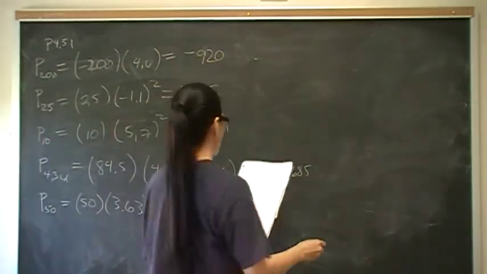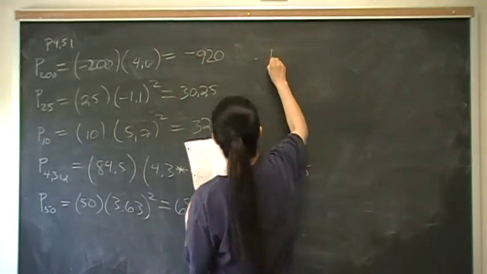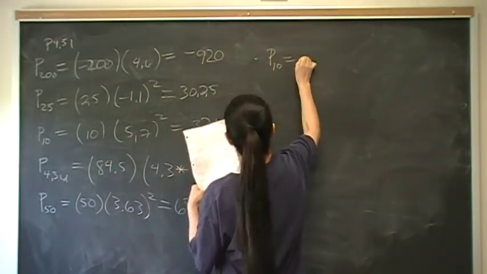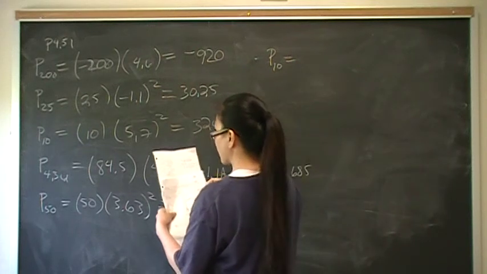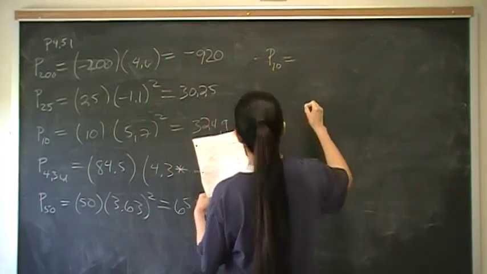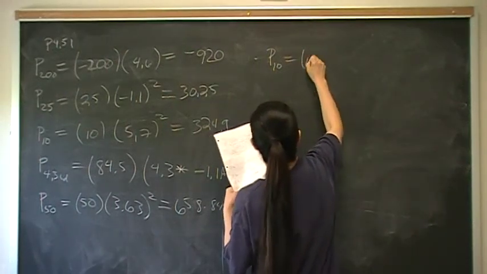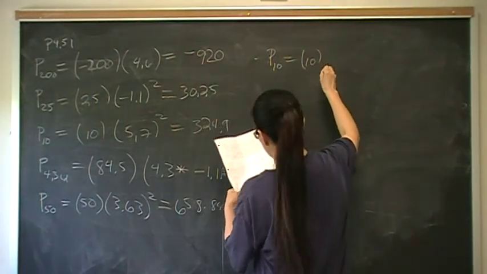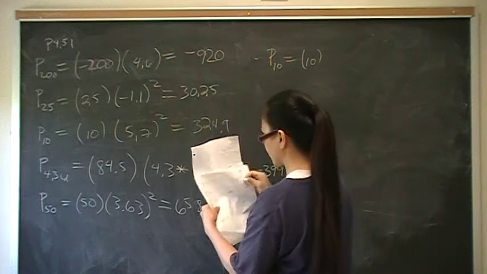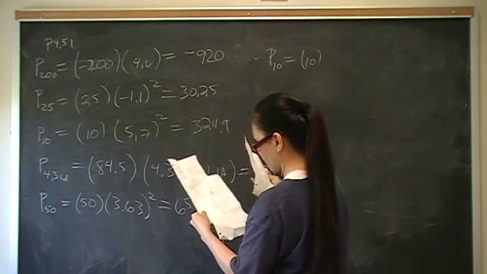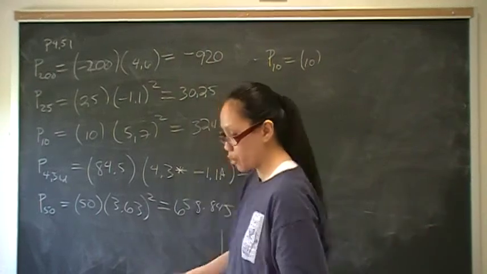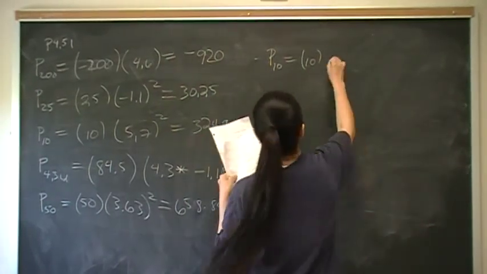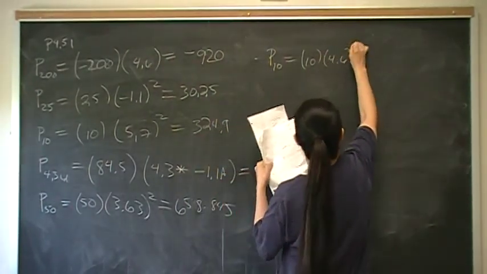So the next one is the power across the 10 ohm resistor. So P of 10, that 10 ohm resistor is going to be I squared R. So the R is 10, the I is IB, and IB we said was 4.6. So that's going to be times 4.6 squared.